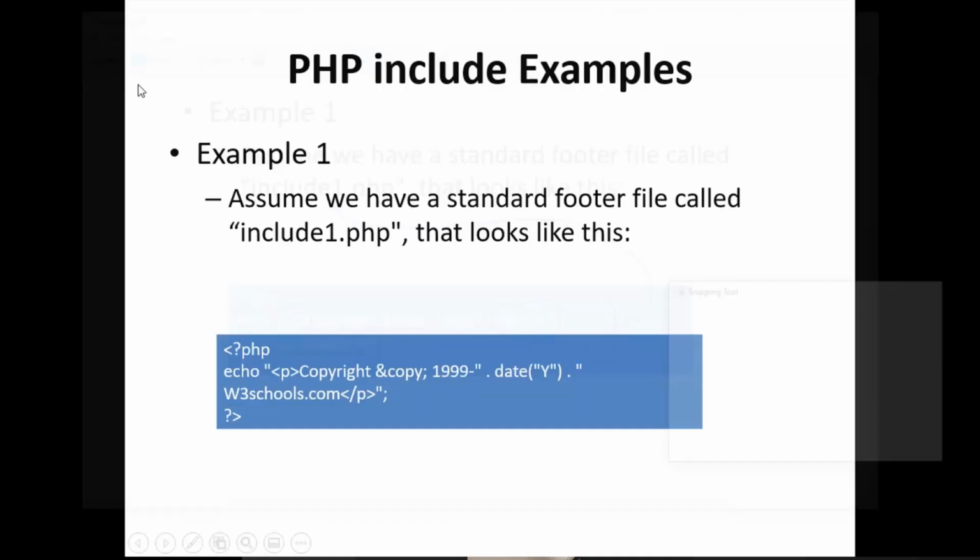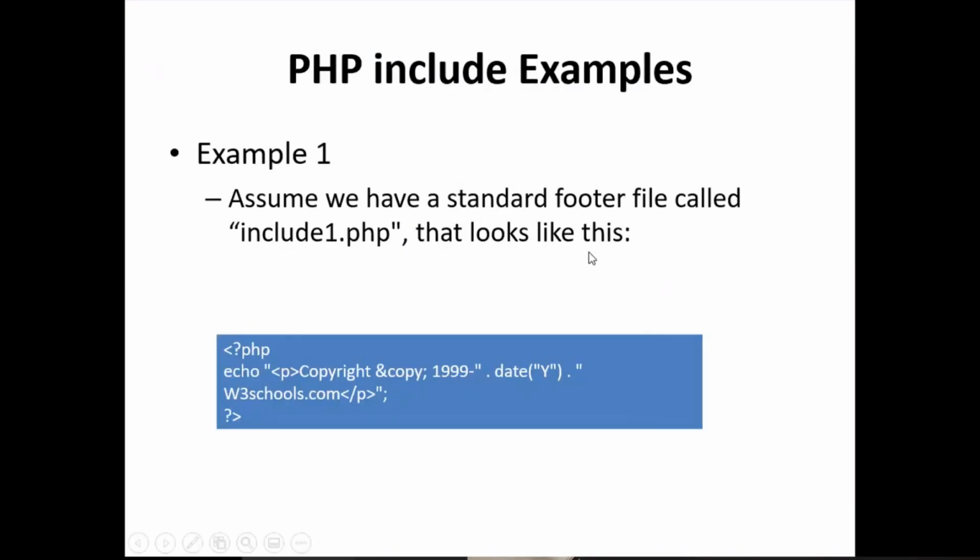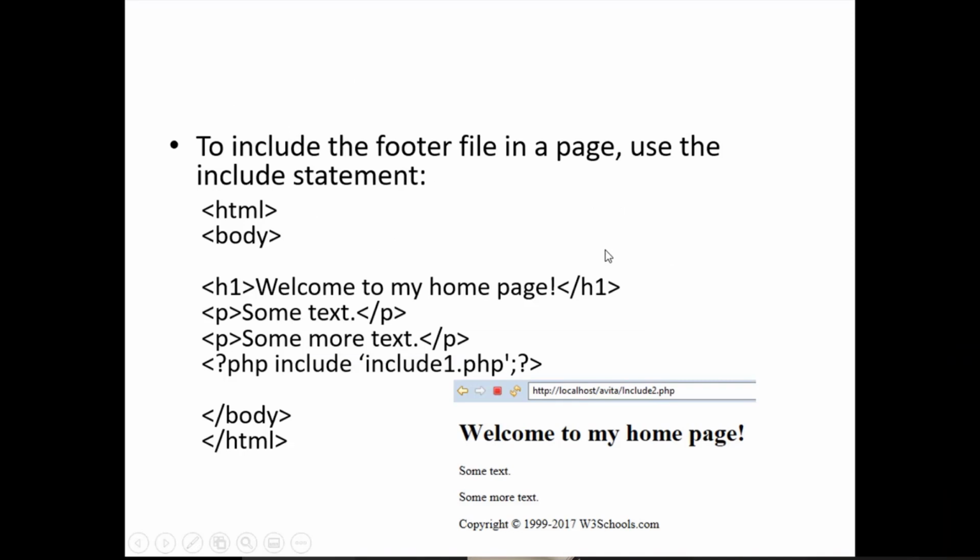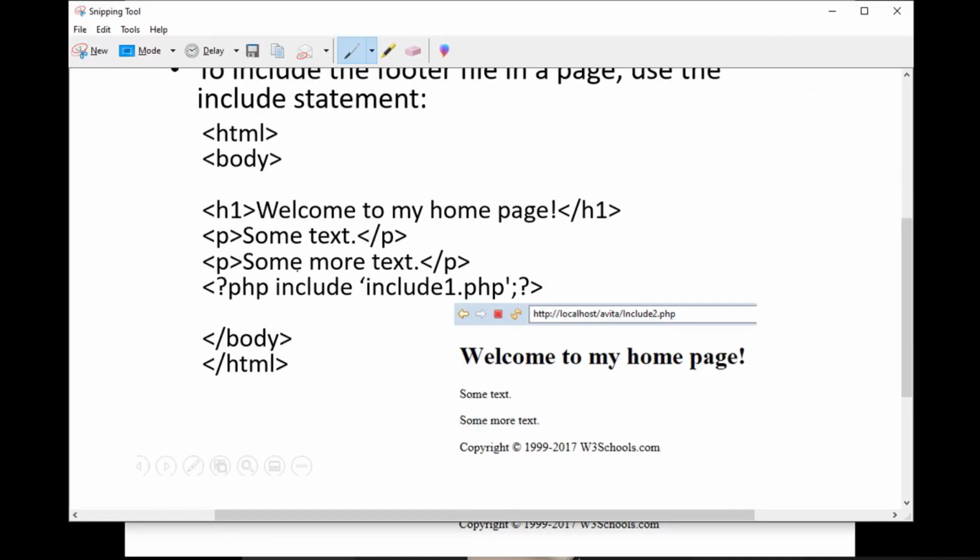Let's see what happens with this file. To include a footer file in a page, use the include statement. Welcome to my home page. So this is the header. The output will be displayed onto the web page.